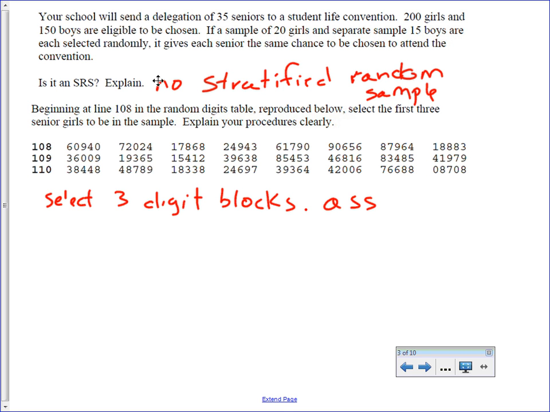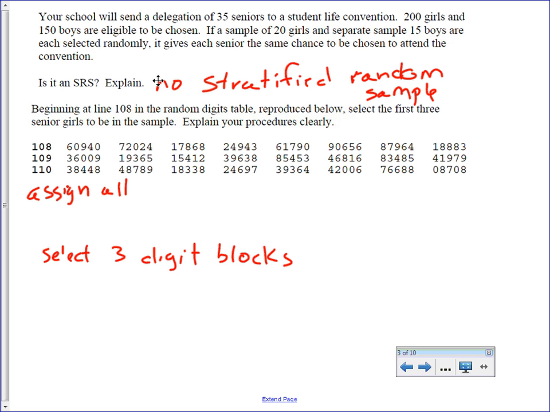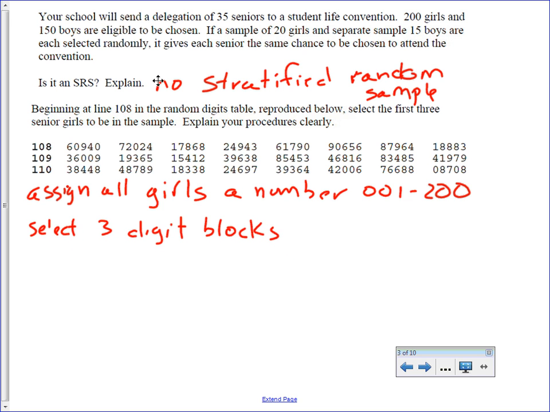Actually, before we do that, we should assign all girls a number, 001 to 200. Select 3-digit blocks.